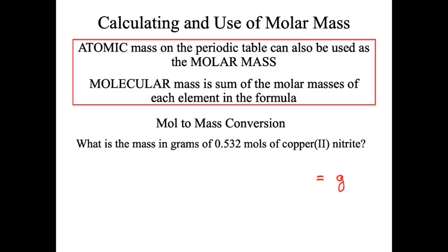Okay? So in that nomenclature, you're responsible for knowing that copper is Cu. Nitrite. Are you responsible for knowing that one? Yes. You're responsible for nitrate. You're not responsible for nitrite. Okay? What's that?